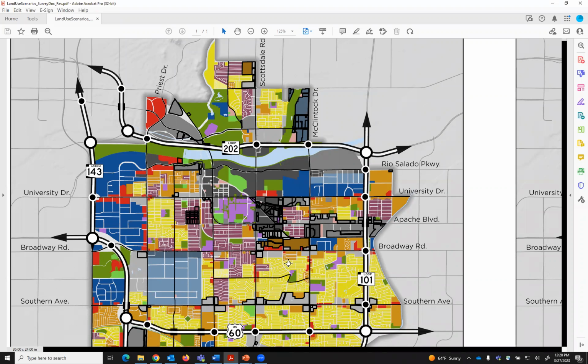That is generally correct. If you remember that big pyramid that I showed in the beginning, the general plan is absolutely, like you said, a very high level vision and policy. And based on that, there will be a water master plan, there will be a transportation master plan. For the transportation master plan, there will be capital improvement projects that will be designated by the city and through the bonds and many other things that will happen.